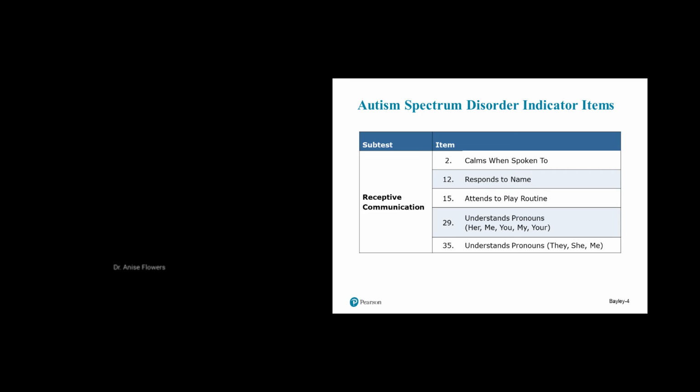Because children diagnosed with ASD often do not consider another person's perspective, they're less likely to use appropriate pronouns. So the focus isn't whether you use a certain gender pronoun or not, but can you understand pronouns in general, or does a child get stuck on just one certain pronoun like me or my?